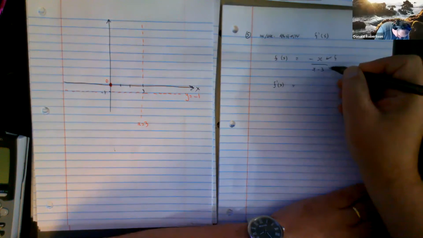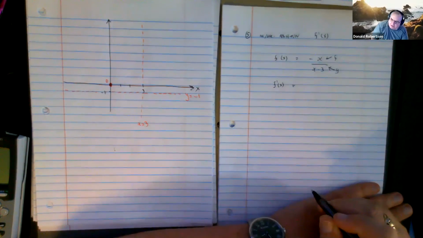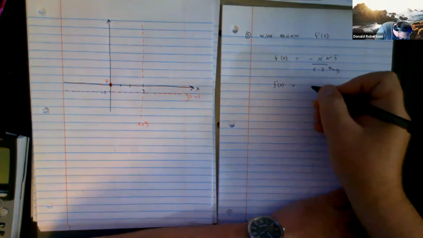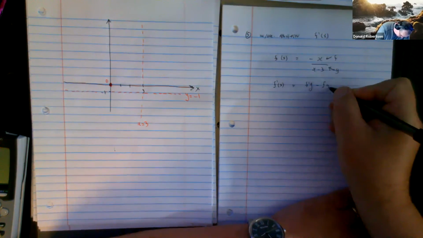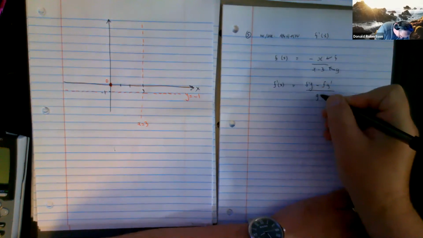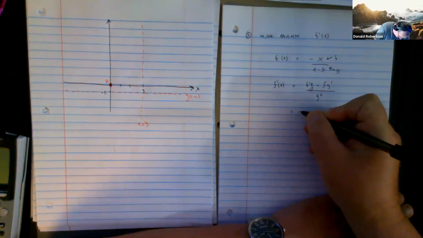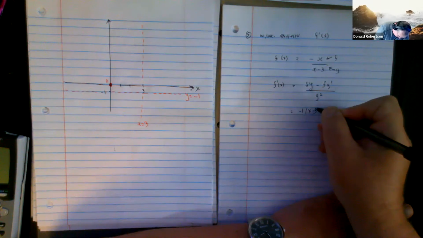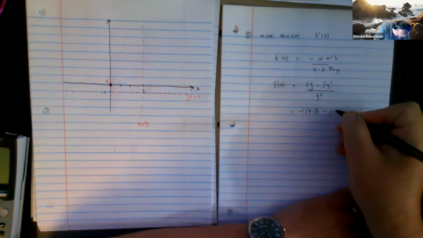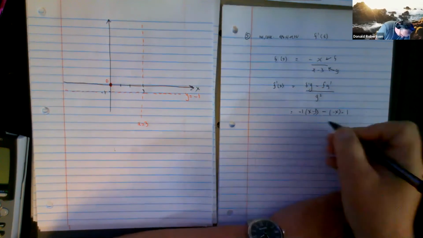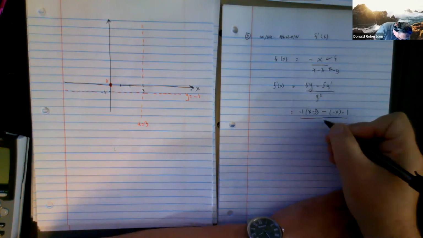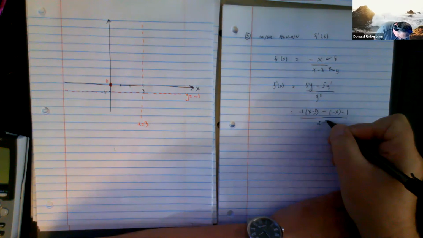And pretty sure that you'll recognize that as going to be a quotient rule. So it's going to be f dash g, take away f g dashed over g squared. So that's -1 times this guy, take away -x times 1. And that is going to be over x minus 3 squared.